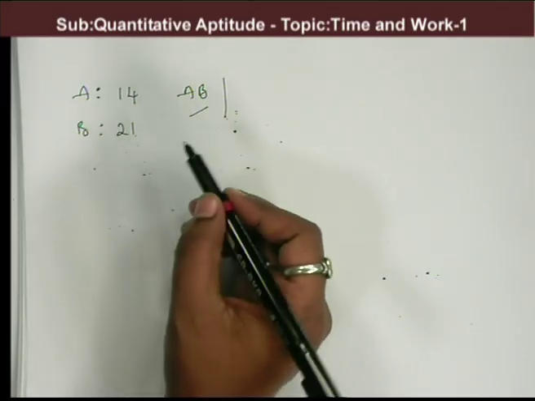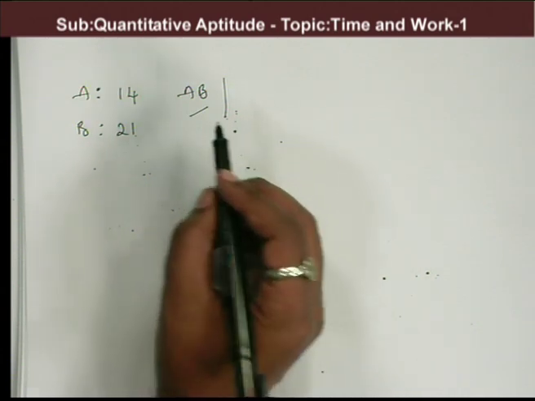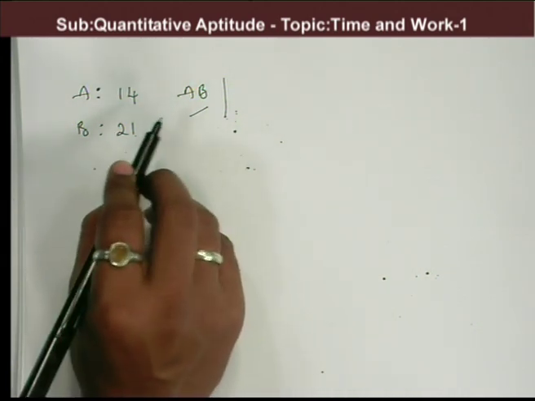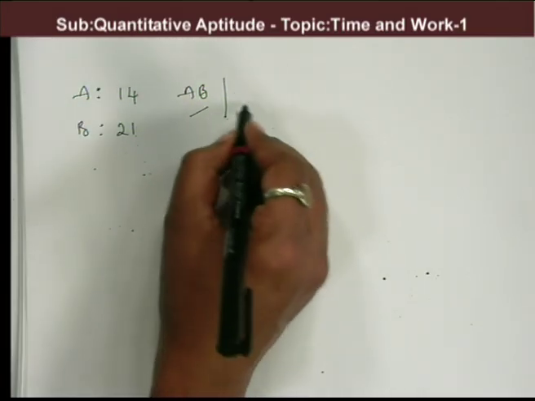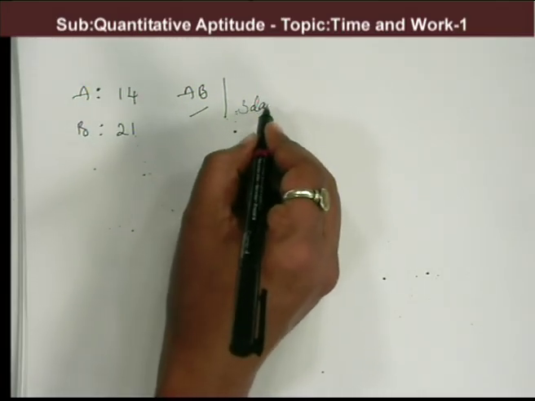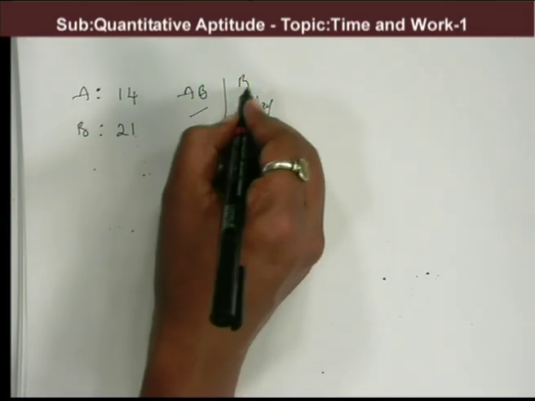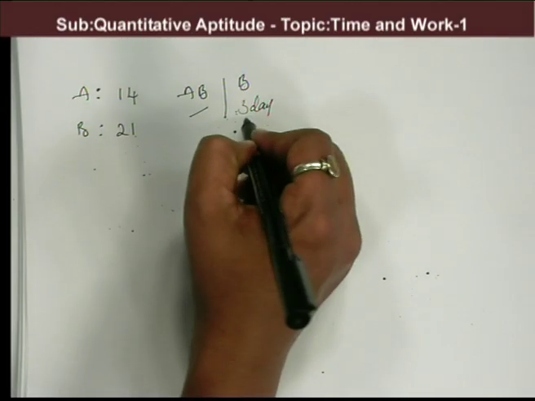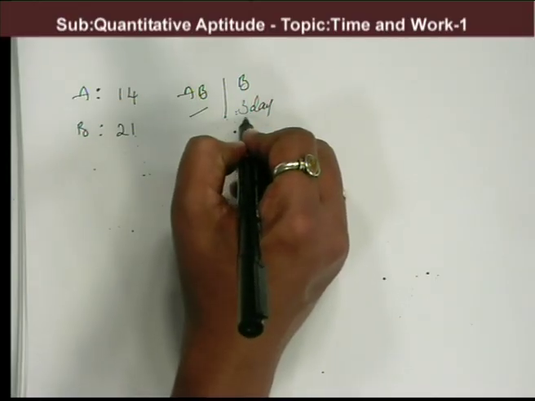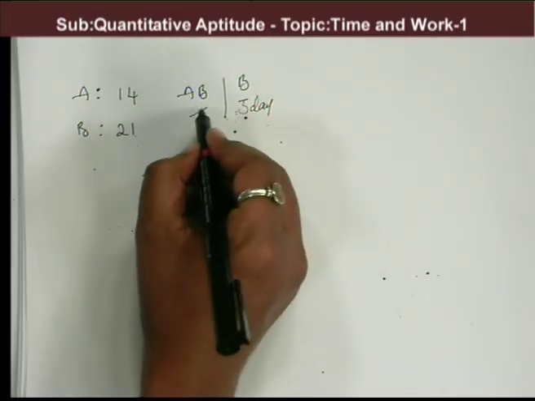So, 3 days before the completion of the work, A leaves off. When A leaves off, who is working? B is working. So, B alone does the work for 3 days.